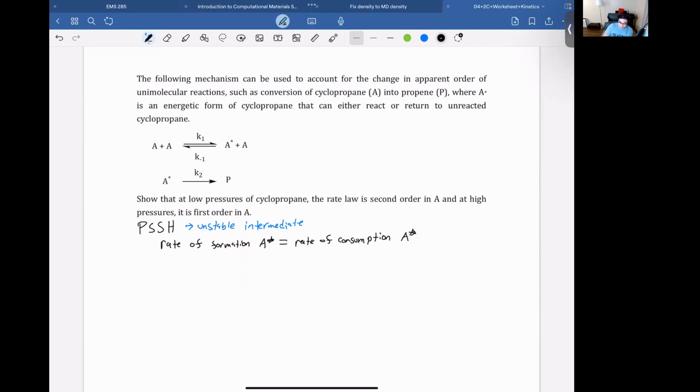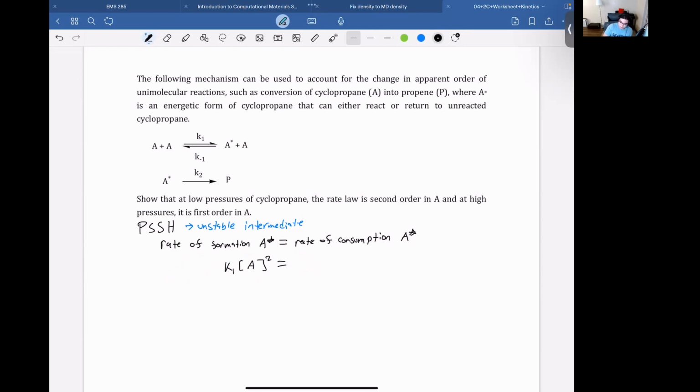Writing these two rates in, the rate of formation of A star is just based on this first rate law. That is going to be K1 times the concentration of A squared, where it's two A's, right? A times A, that's going to be A squared. The rate of consumption of A star, maybe I should write this closer to the equal sign, just to make this really clear, is the second one plus the first going backwards.